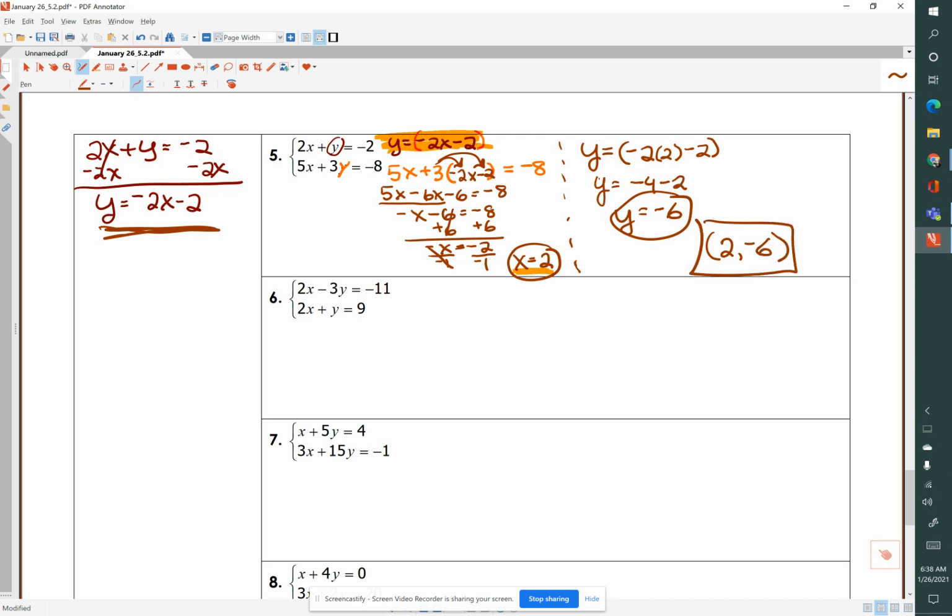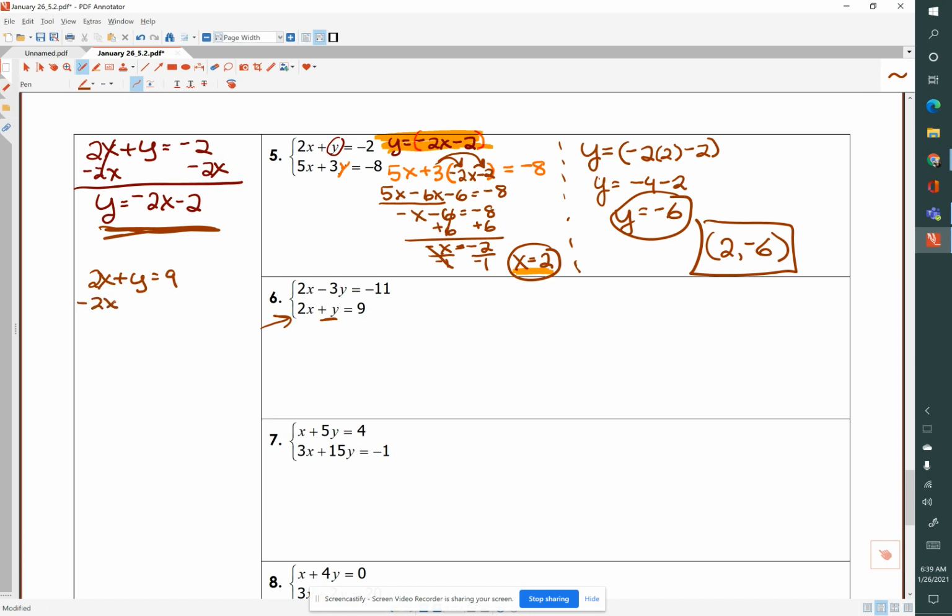And number 6, we also need to put one of these in slope-intercept form. And I have 2x minus 3y equals negative 11, and I have 2x plus y. So y is already unencumbered by a coefficient. So I think this is the equation that I will put in slope-intercept form. So I'm going to take 2x plus y equals 9.